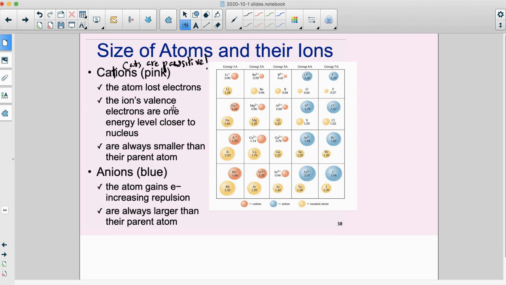I like fluffy cats. So that will help you remember that cations are positive, okay? And anions are negative, okay? Anions are negative. So if we take a look here, if we're gaining electrons, they are going to repel each other. That's going to increase the electron repulsion. So anions, negative ions, will always be larger than their parent atom. Okay, the parent atom being the atom that the ion came from.